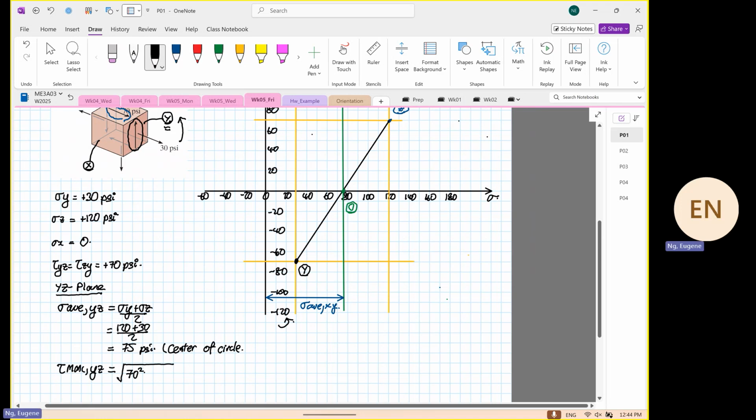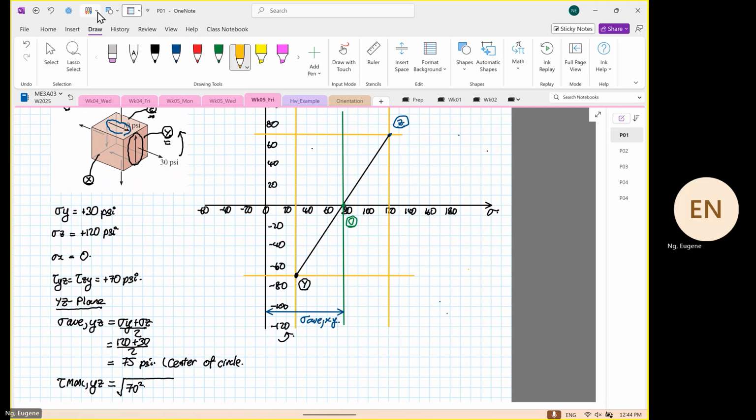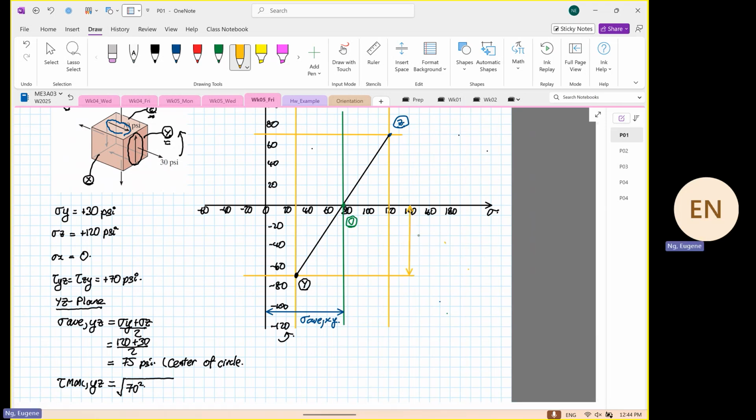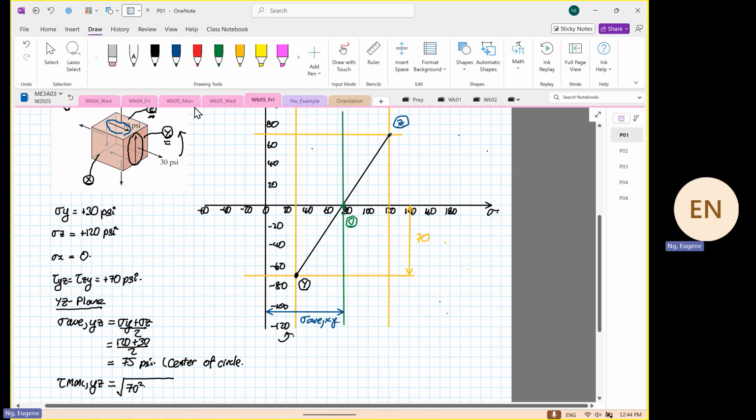And the next thing that you have to remember, why 70 squared? Because the distance from here to here, this distance is what? We know this is equal to 70.